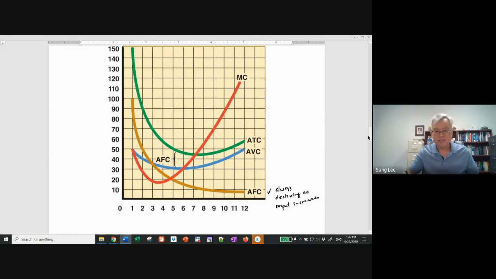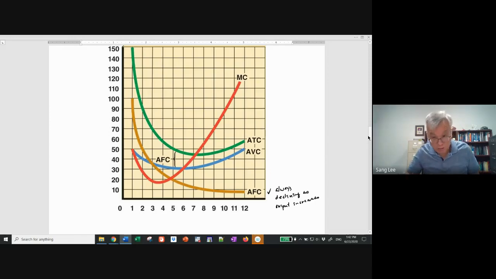Okay, now let's look at average variable cost and average total cost. They both have kind of a U shape, okay? That means both average total cost and average variable cost are declining up to a certain output level, and then beyond that, they start rising again. Okay, that's exactly what we confirmed in the previous table.